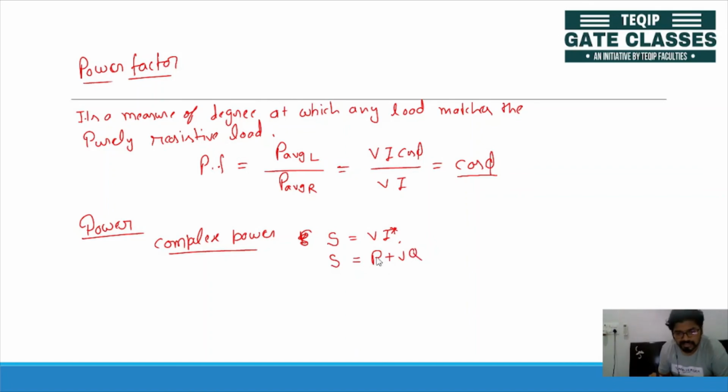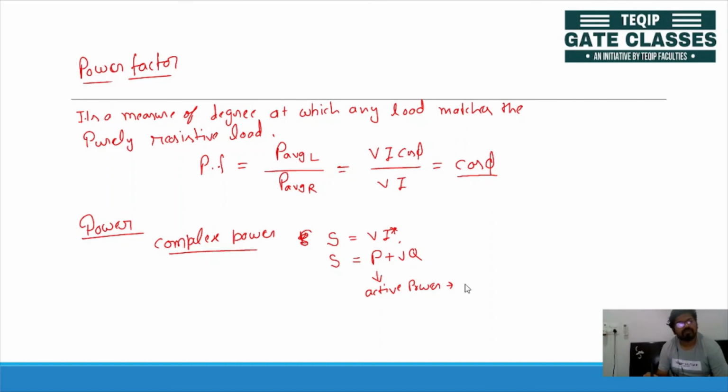Here the real part of our complex power we call average power, true power, or active power.